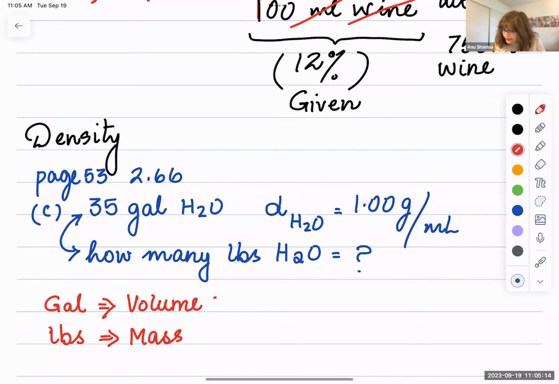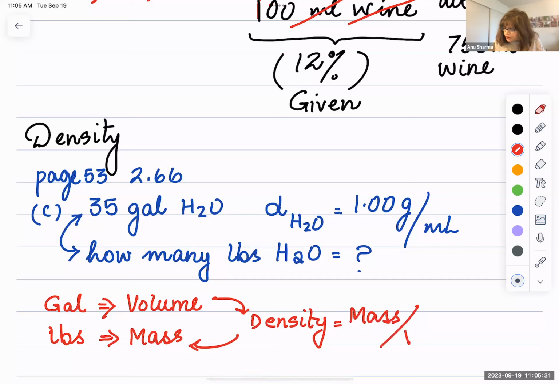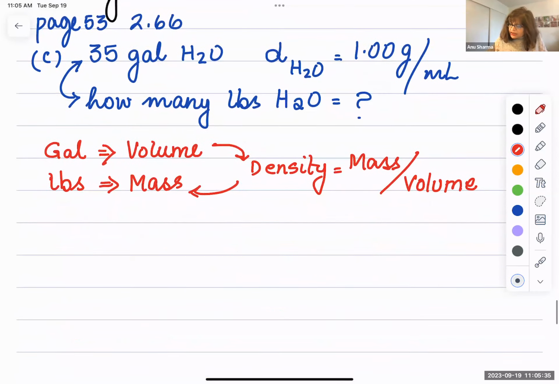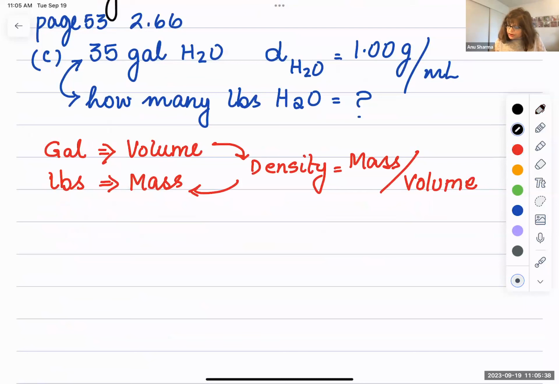So the only way you can convert volume to mass is by going via density. Density is mass over volume. That's the formula. So this is the strategy. First, 35 gallons needs to be converted to grams so that the gallons and density can talk to each other.